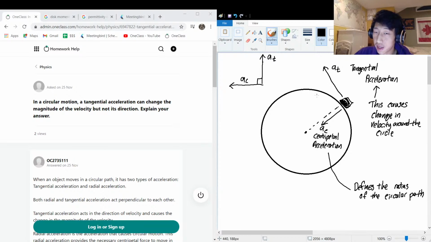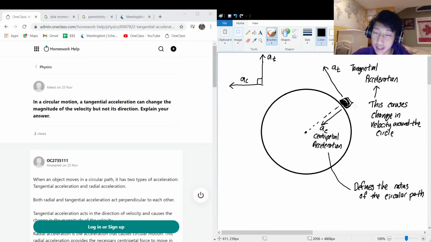And it doesn't change the direction of the velocity, because it is along the same line as the velocity. Even if it's negative and going the opposite direction, if I'm moving forward and AT is going backwards, they act upon the same line. So the tangential acceleration does not cause any change in the direction of the circular moving object.